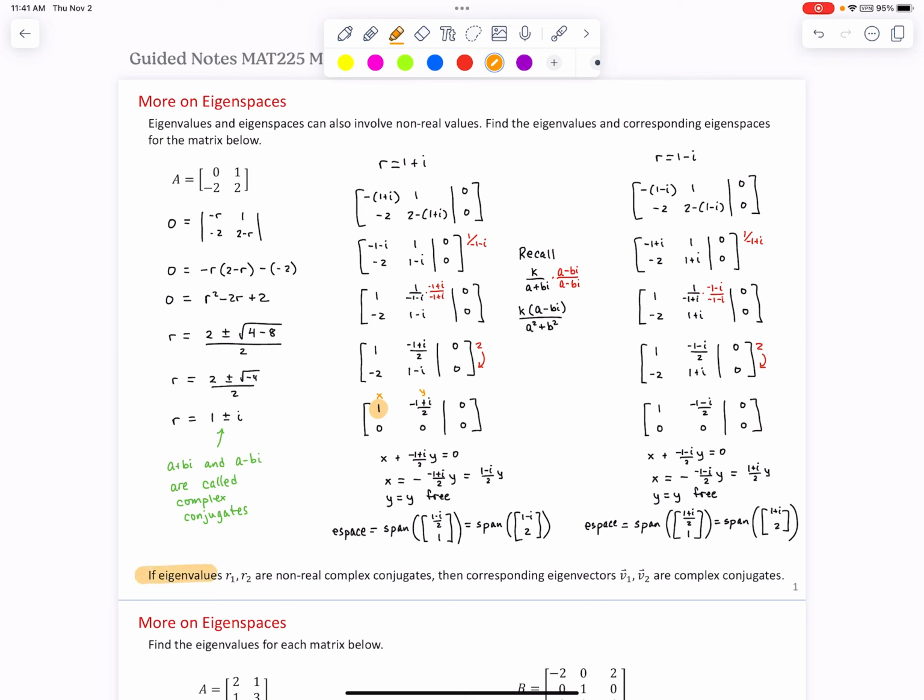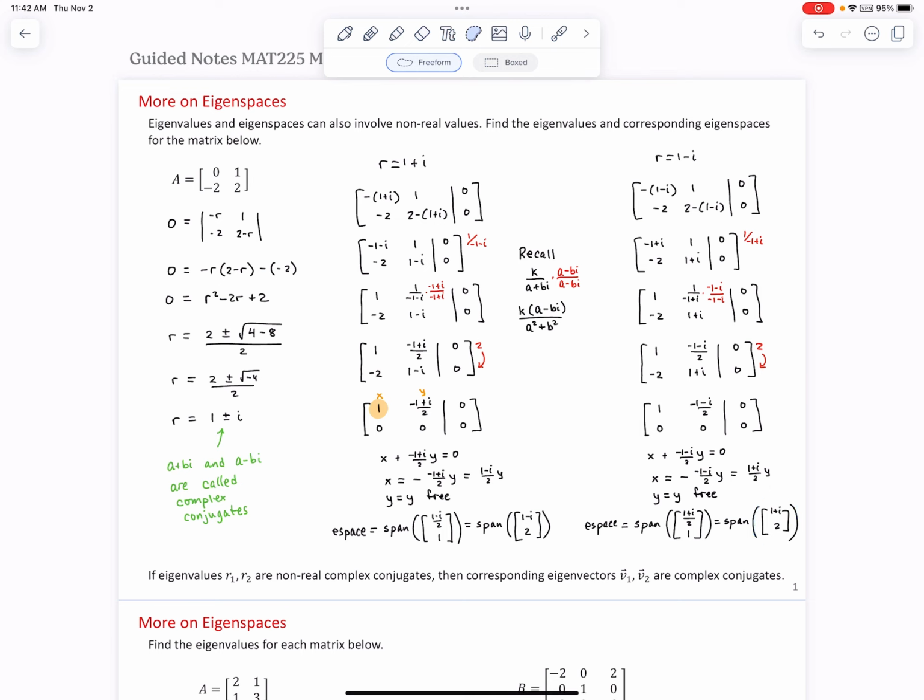Notice down here, if you have eigenvalues r1 and r2 and they're non-real complex conjugates, then corresponding eigenvectors v1 and v2 can be found, and they will also be complex conjugates. Because of this, all you really have to do is the work you see right here, and once you have this eigenvector that forms a basis for this eigenspace, you can simply take the complex conjugate of it, and this vector over here will be the result of doing that, and it will serve as a basis vector for the eigenspace corresponding to the complex conjugate eigenvalue.